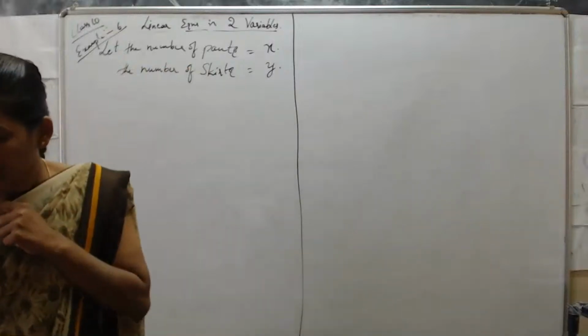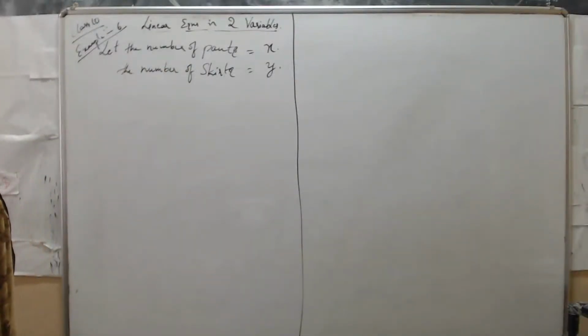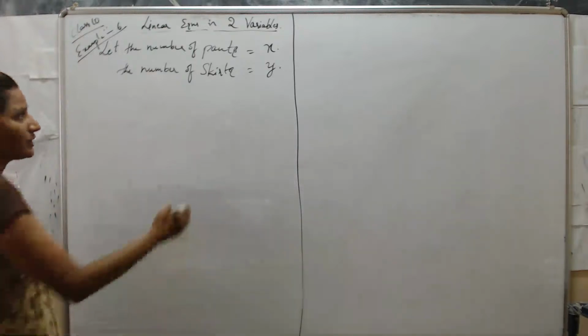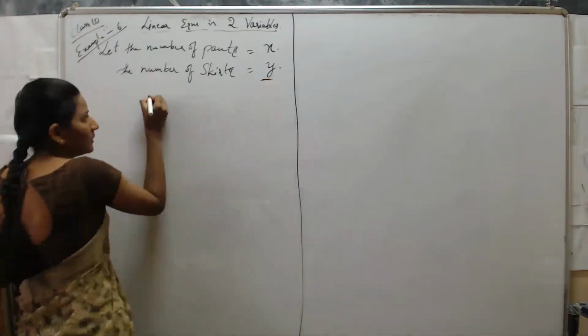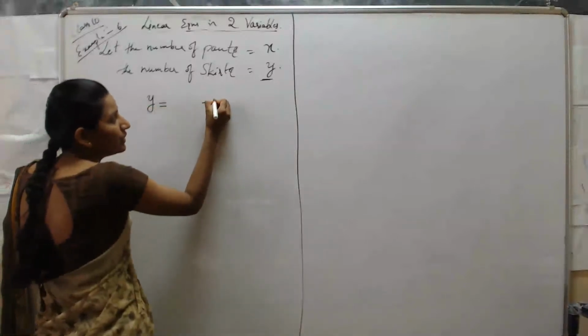Next, she said the number of skirts is 2 less than twice the number of pants. The number of skirts means y. The number of skirts is 2 less than twice the number of pants.